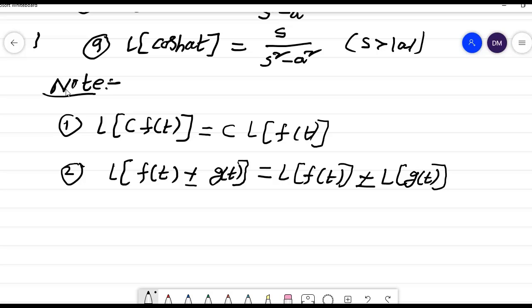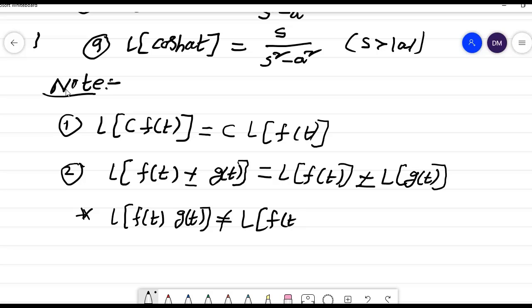Under this, we have to remember a very important point: if two functions are in the form of multiplication, then the Laplace transform of f of t into g of t cannot be split as L of f of t into L of g of t.